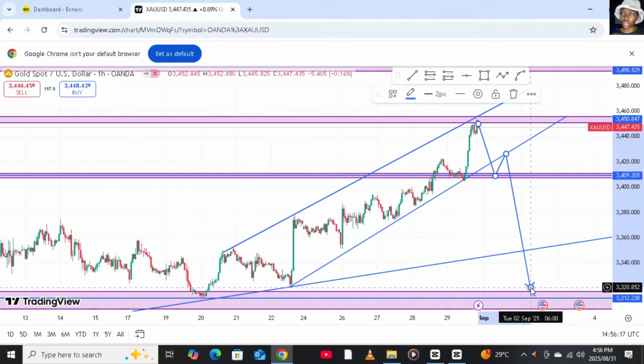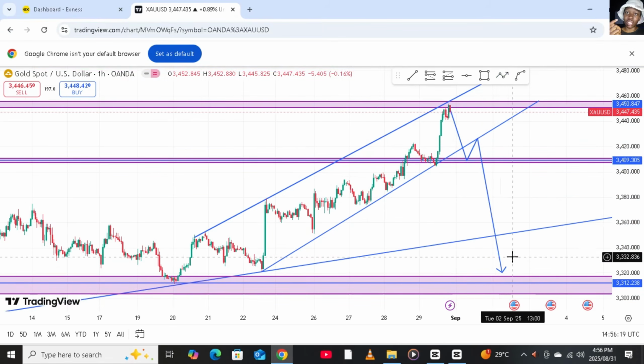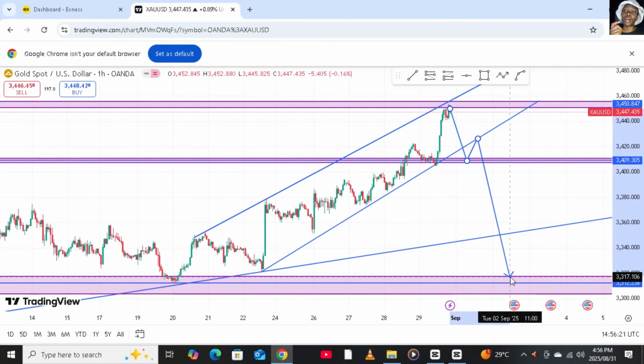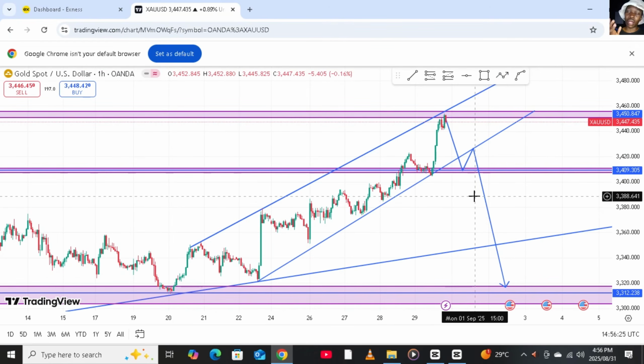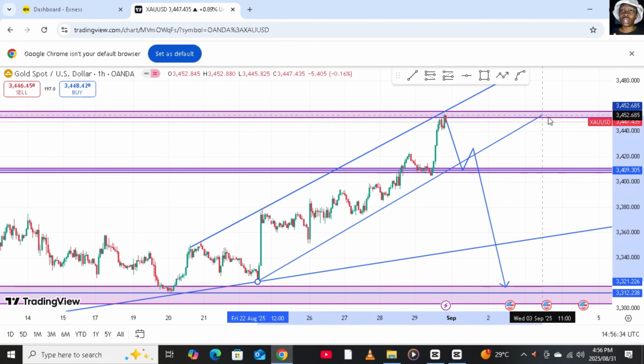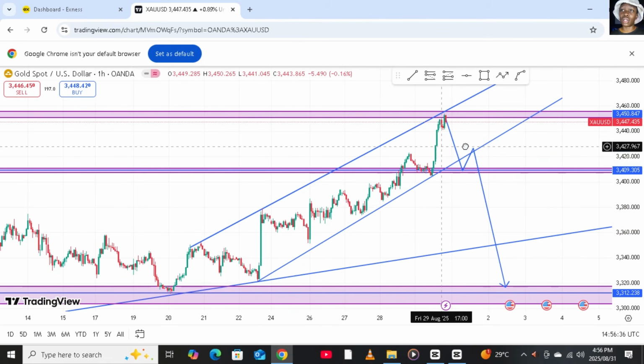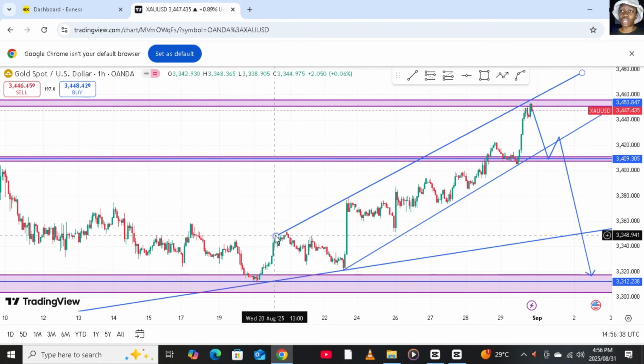This is what I see before we have proper buys, if we will be buying. But right now my analysis is saying, Curtis, please take sells. I don't know why this NFP week is showing me sells, but this is the direction I'm going for.